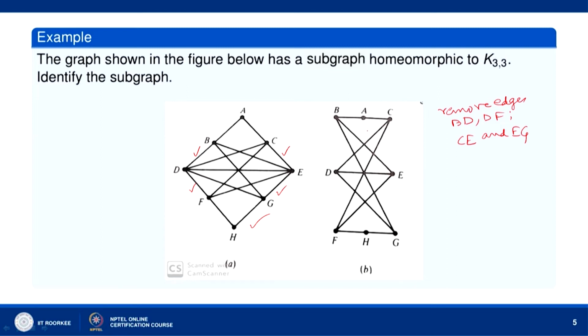So, this graph has been obtained from the graph which is isomorphic to K33 by adding vertices A and H, and therefore, this graph is homeomorphic to K33. So, the given graph has a subgraph which is homeomorphic to K33, and therefore, this graph is non-planar.